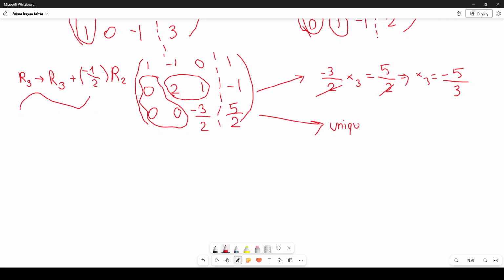Because when I look at the rows, I see that in each row, if I change the coefficients by applying back substitution method, I only have one unknown variable, which means that only one value for each unknown variable that satisfies both equations at the same time, which means that only one single solution we have, where we have the unique solution case, and therefore the system is consistent. Right. The system is consistent.